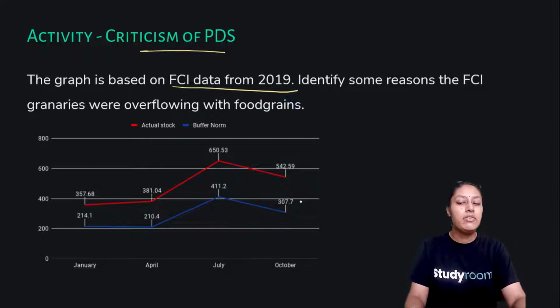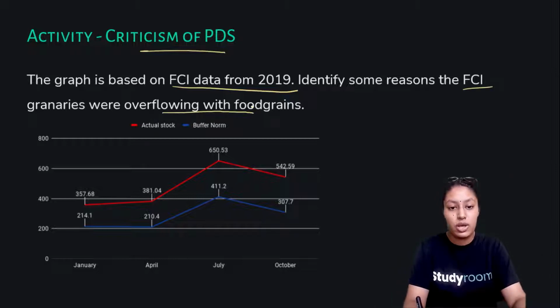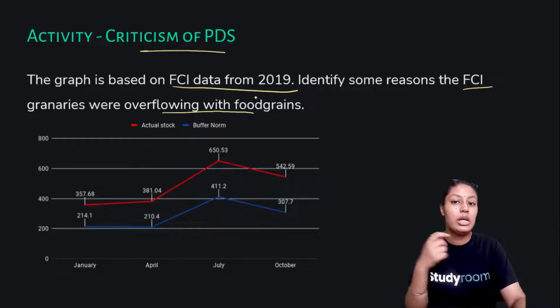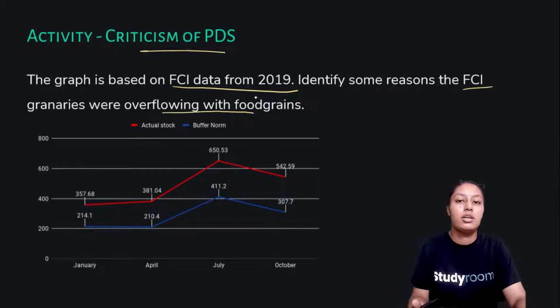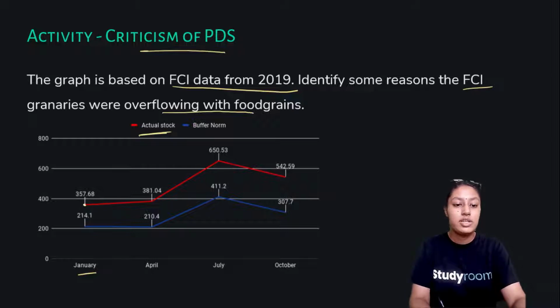So we will identify some reasons why the FCI granaries were overflowing with grain. Okay, so it means they had more than their requirement. Let's find out. Till January we have approximately 357 grains, which is the actual stock, and the buffer norm, the required amount, was only 214.